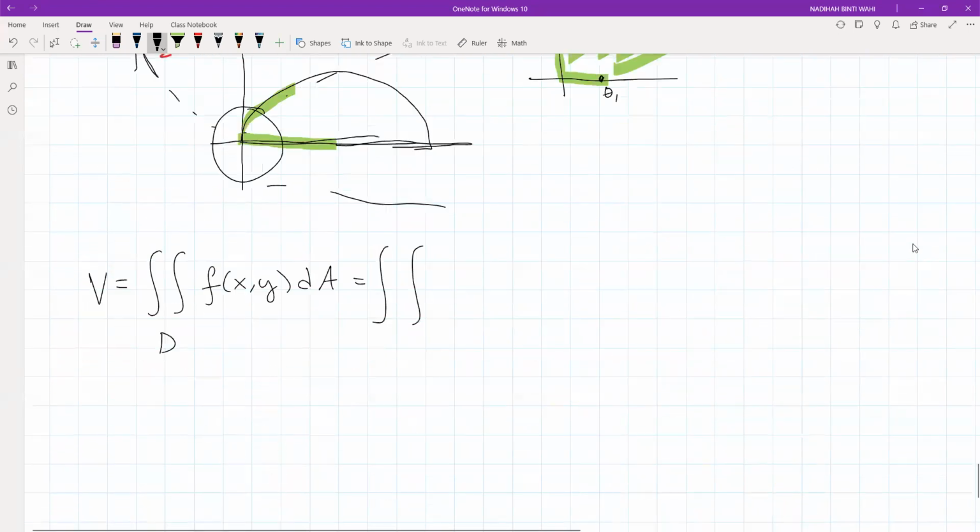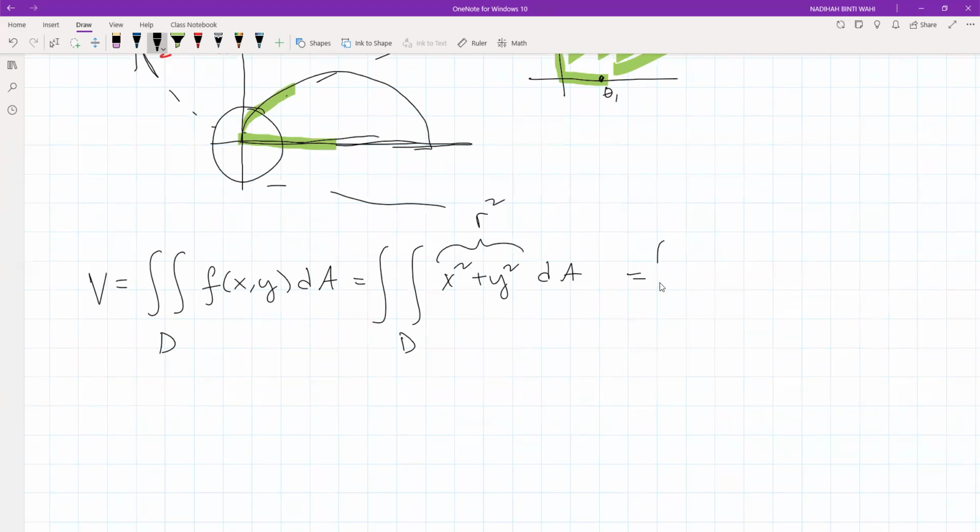Okay, so this is just x squared plus y squared dA. What is this? This is just r squared.